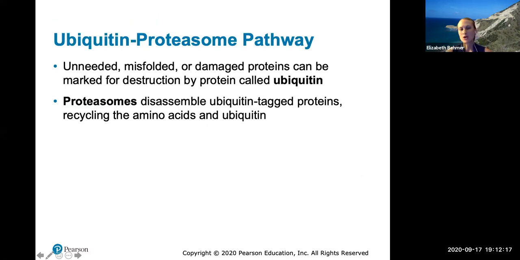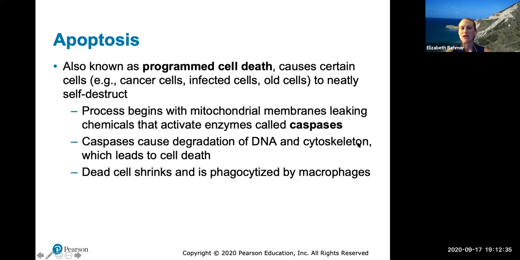Proteasomes disassemble these ubiquitin-tagged proteins and help to recycle any extra amino acids. This would be if a damaged protein is marked for destruction, the proteasomes just recycle the amino acids within that protein to be reused. And then apoptosis, you probably have heard of this, is called programmed cell death.